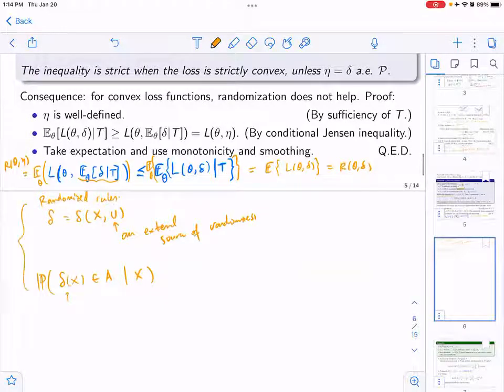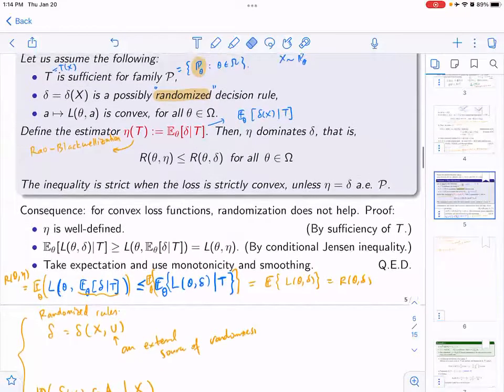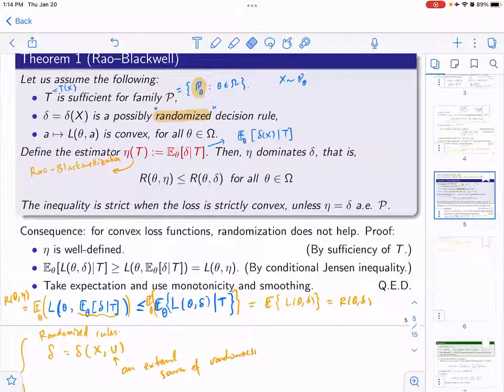Either way is fine. This is a little bit more explicit, but we'll see examples of this maybe. Sometimes it's useful. The Rao-Blackwell theorem says that for convex loss functions, it's not helpful. So if you randomize, that randomness is going to be removed once you take the expectation.